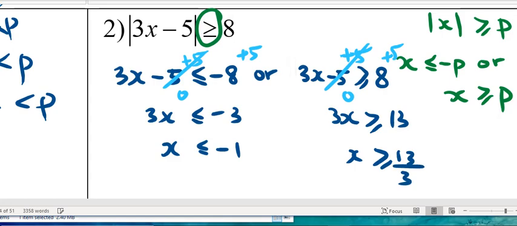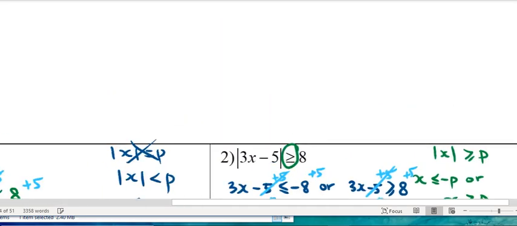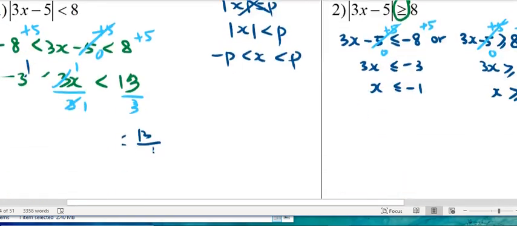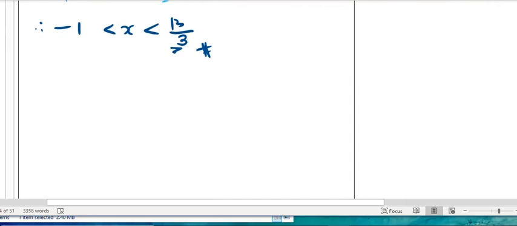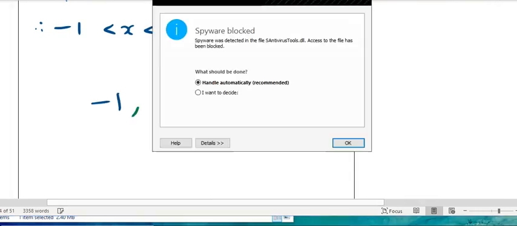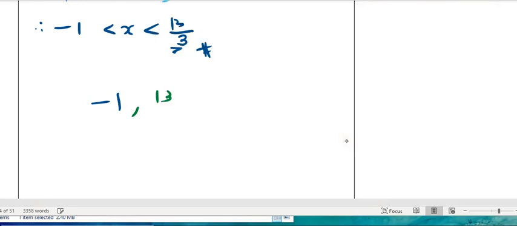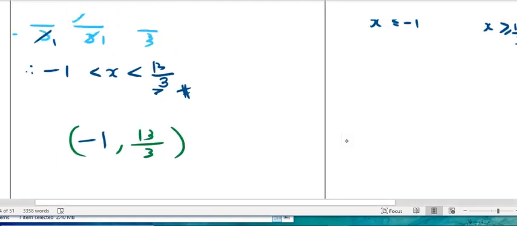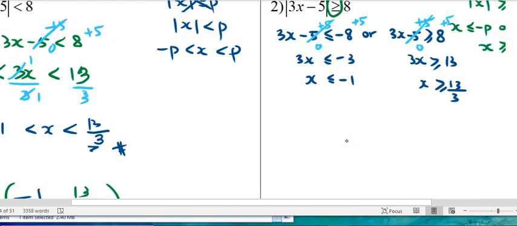Yeah, one more thing before I forget. The question asks us to state the answer in interval form. So for the last answer, over 3, this is an open bracket. Same goes with the second one.